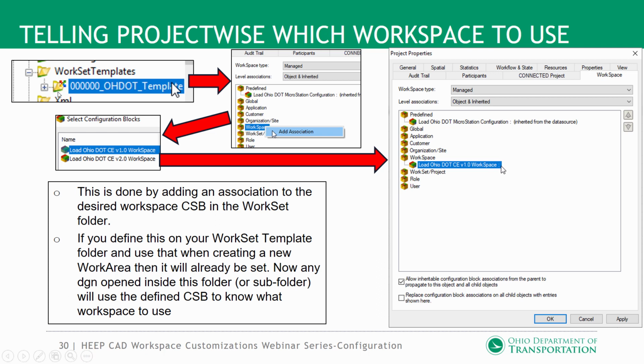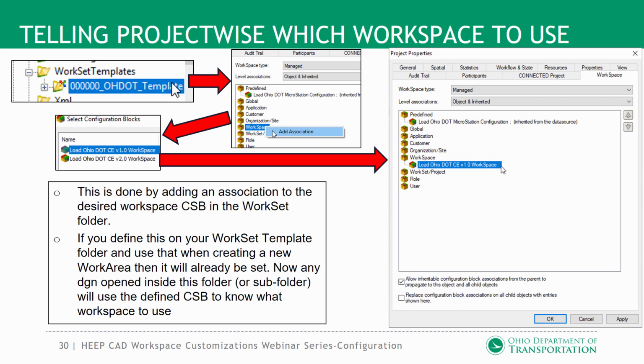So I'm going to go to where I have that template folder structure, and I'm going to right click on that. I'm going to add association to it. So I'll right-click Properties, go to Manage Workspaces, and you can see there's the one that's inherited, the predefined. So if I go to Workspace, Add Association, I'm going to select what workspace I want to use with this template.